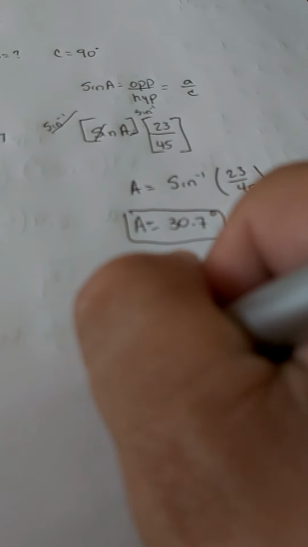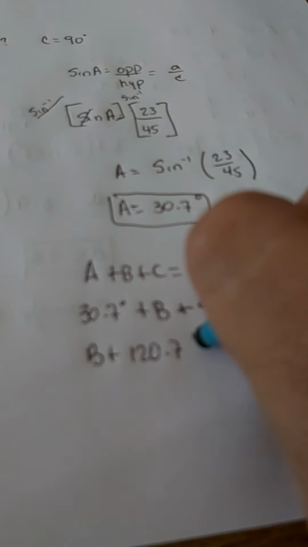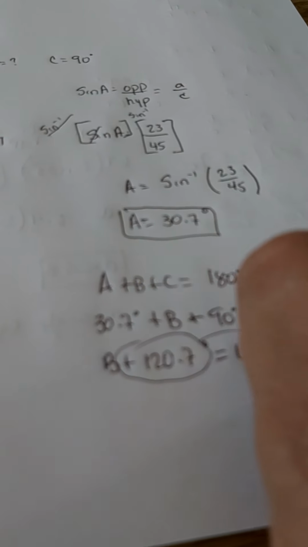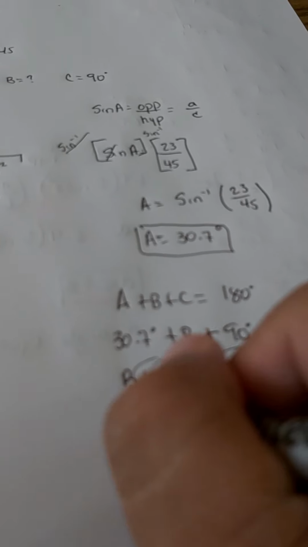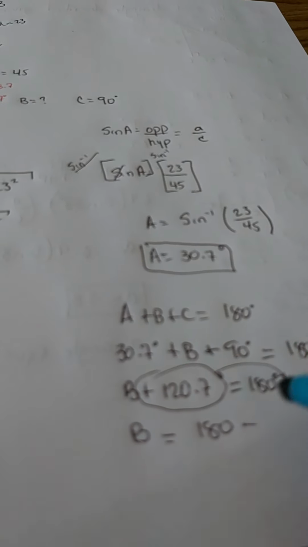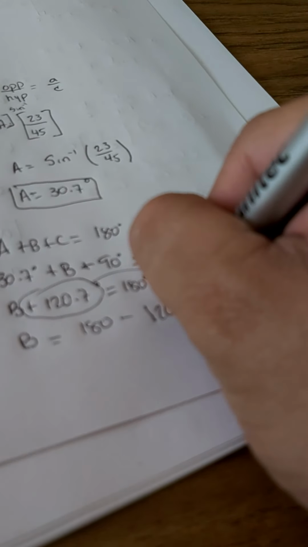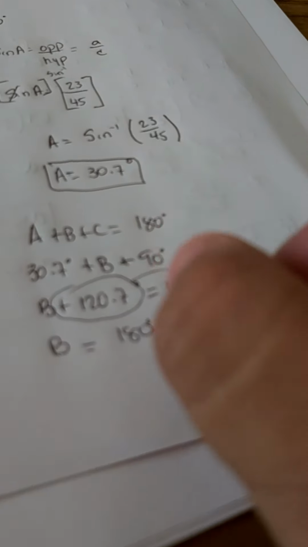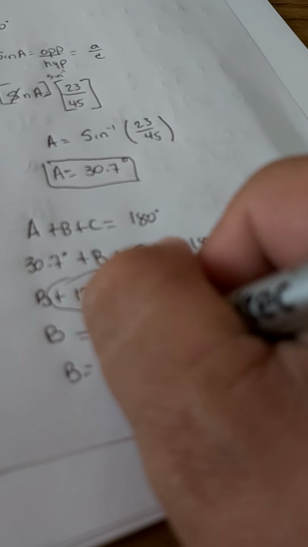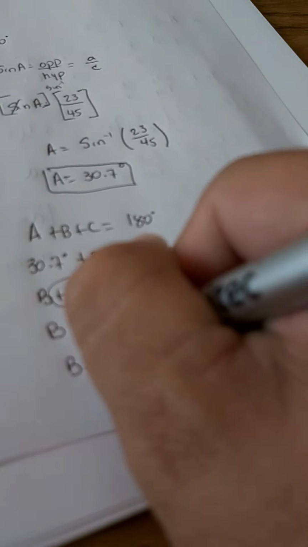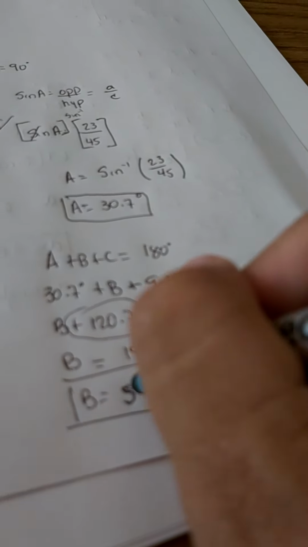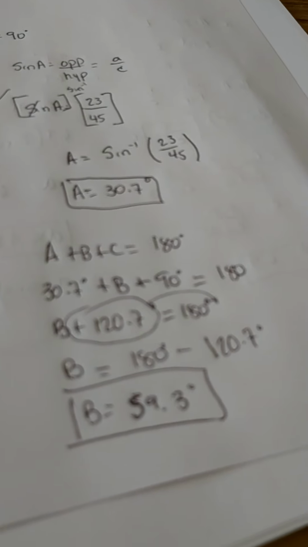So B plus 120.7 degrees equals 180. We leave B by itself, so we get that B equals 180 minus 120.7 degrees. So that would be B equals 59.3 degrees. Okay?